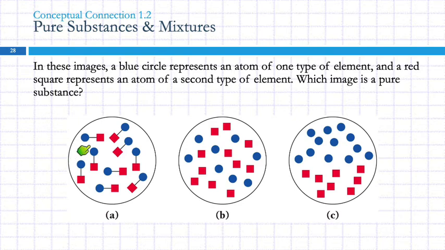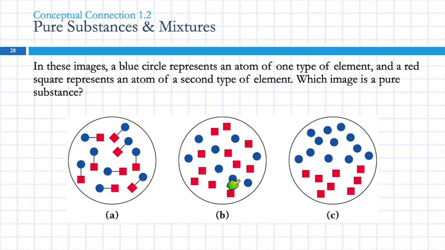But here, every blue circle is connected to a red square. They're all paired up like that. Here, we have blue circles and red squares, and they're all jumbled together. So this would not be a pure substance, this would be a mixture.